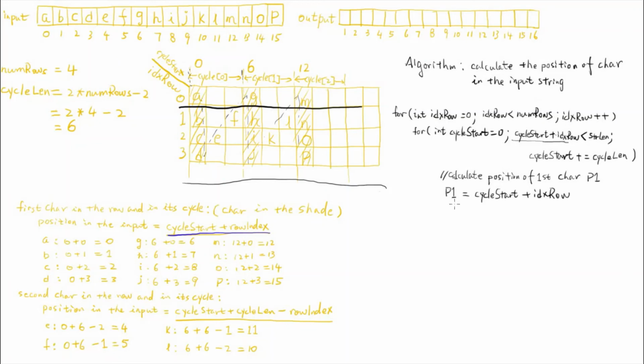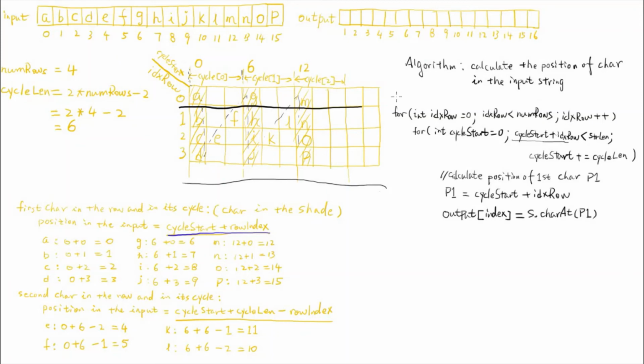Once we have the position, then we'll add the character at this position in the input string to the output. So output, we have an index here, equal to the input string dot char at P1.